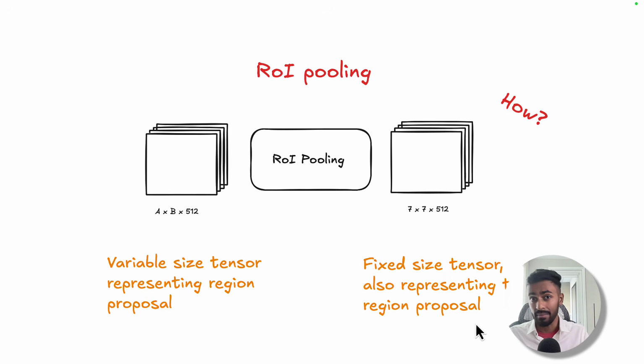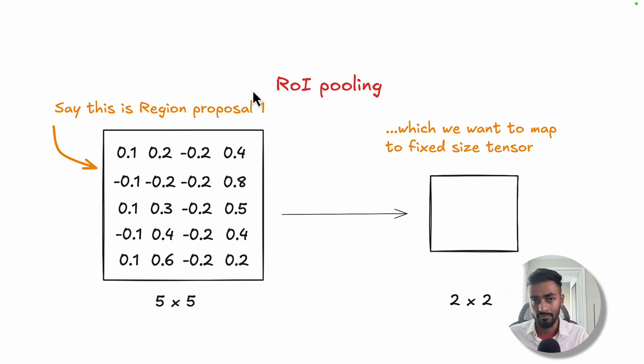We understood the why behind this, but how mechanically do we hope to do this? So let's look at this with a very simple example. Let's say that a region proposal is going to be represented by a 5x5 tensor that looks like this. And what we want to do is map this to some fixed size tensor. Let's say it's 2x2 in our case.